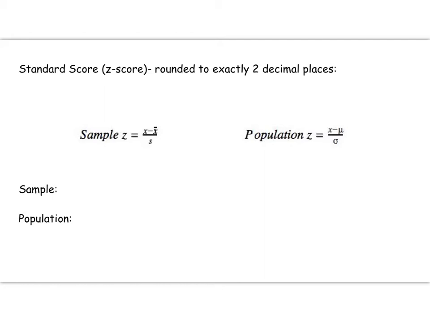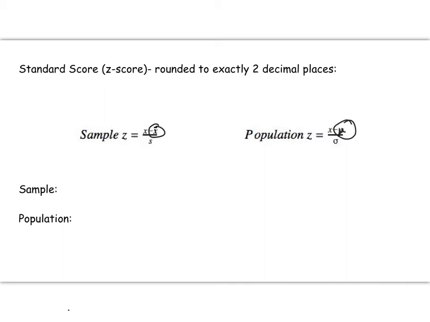Let me grab my pen. So right there, that has an x-bar in it. That is just the sample mean. And over here you have this funny little mu. It's a Greek letter. That is the population mean.